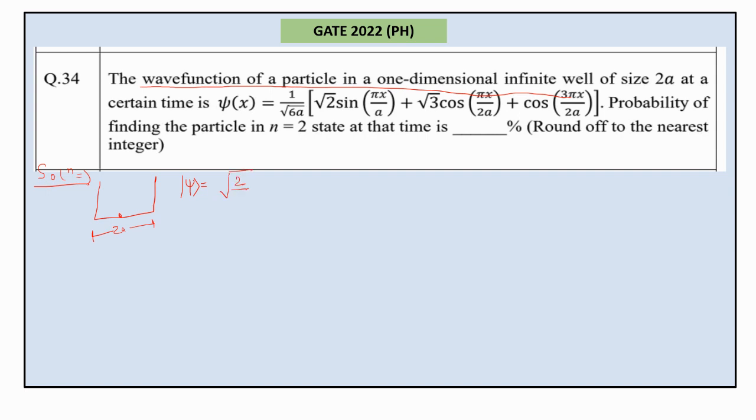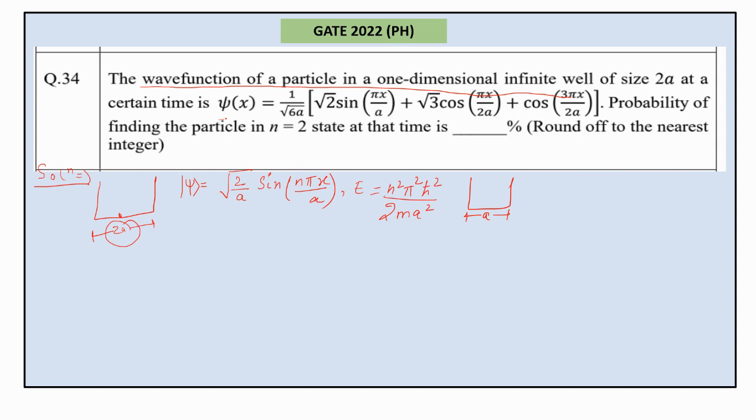Under root 2 by a sine n pi x by a, right? And the energy value is E equals n square pi square h cross square upon 2 m a square. This is when the dimension is a, but in this question it is given 2a.